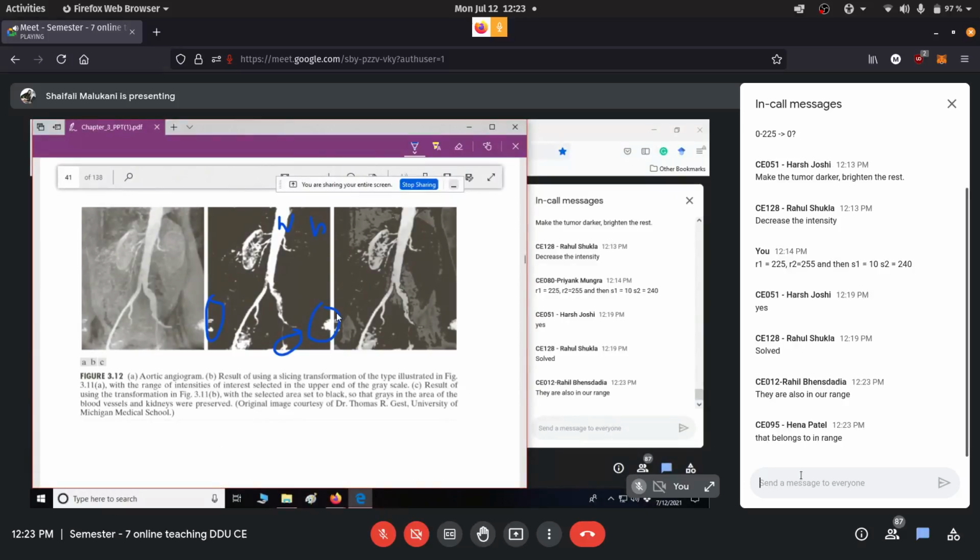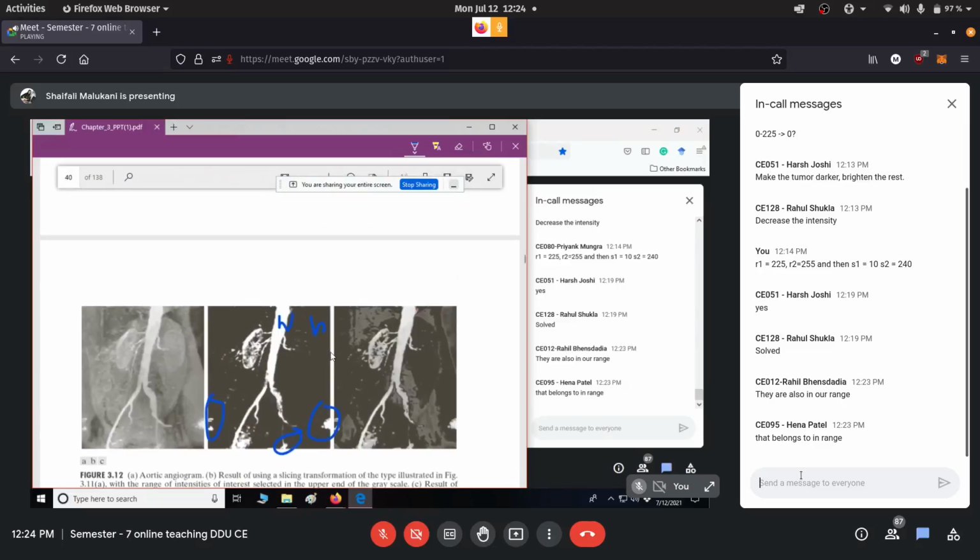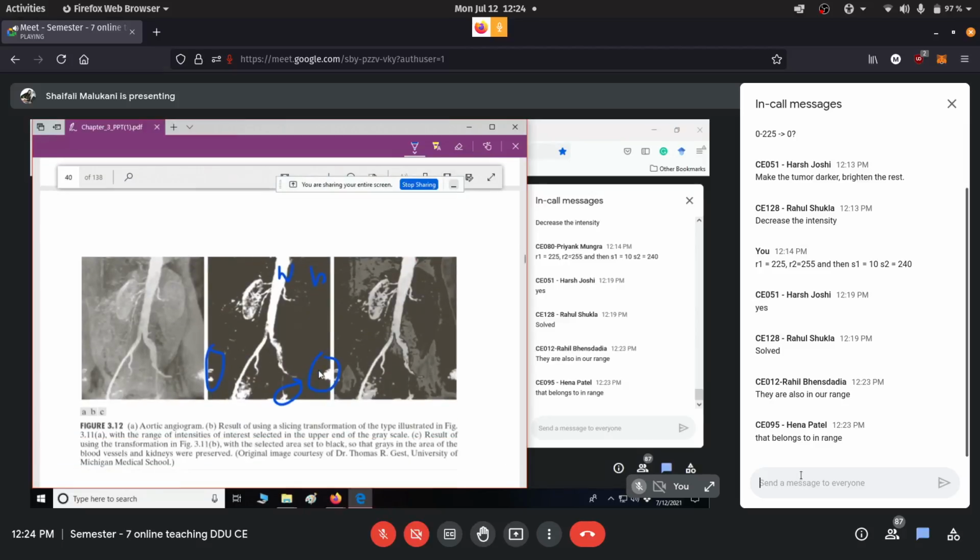That's why they are also highlighted. They belong to the range. That's true, and that's why they will be highlighted. So if you want only this, further processing that we are going to study in the upcoming lectures is also needed. So this is not totally clean, but most unwanted information is removed. If this is also unwanted, we can have some more processing. We will see which kinds of processing are possible.